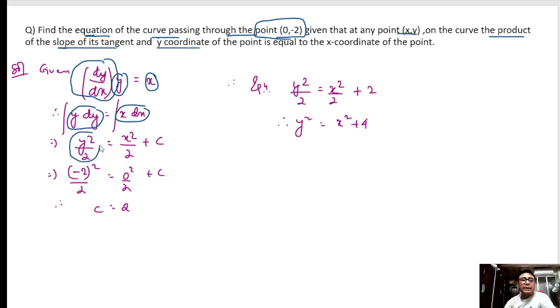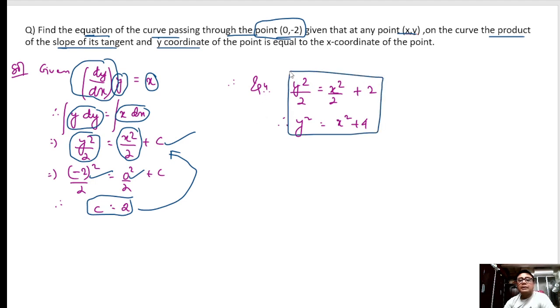So y square by 2 is x square by 2 plus c. Now they are telling the point passes through (0, -2), so in place of x put 0, in place of y put -2, we get the c. Now putting the c back in this equation, this is our equation and the final solution.